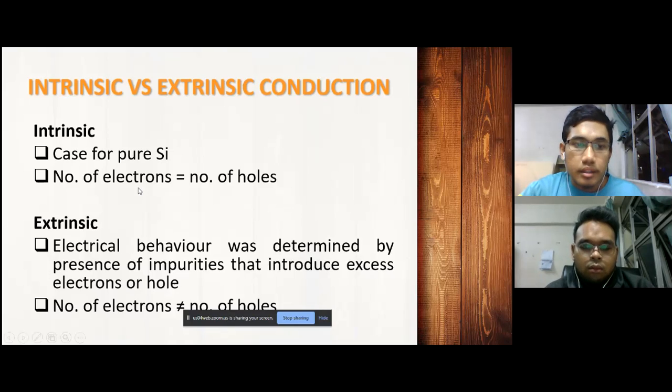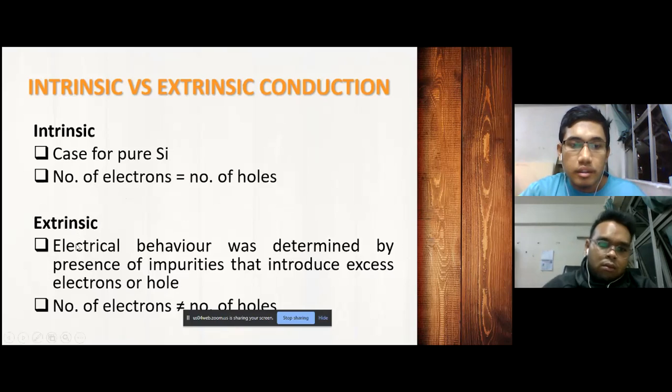Next, the extrinsic. The extrinsic electrical behavior is determined by the presence of impurities that introduce excess electrons or holes. So extrinsic is the opposite of intrinsic. For intrinsic, we have the same number of electrons and holes. But for extrinsic, the number of electrons is not the same as the number of holes.